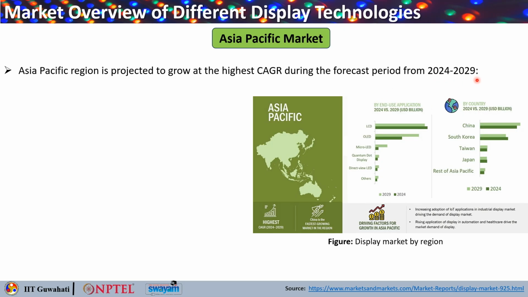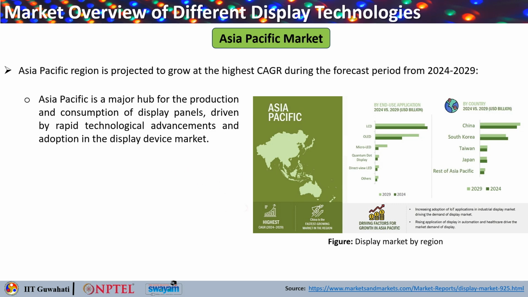Okay, so Asia Pacific is currently a major hub for the production and consumption of display panels, which are driven by rapid technological advances and adoption of the display device market.